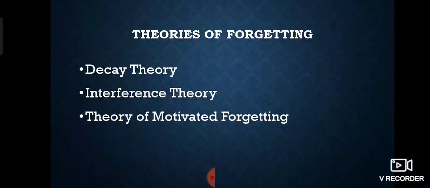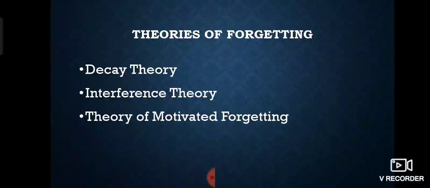Retroactive interference occurs when a new information interferes with the retrieval of a previously learned material. And proactive interference, on the other hand, occurs when an old learning interferes with the retrieval of new information.